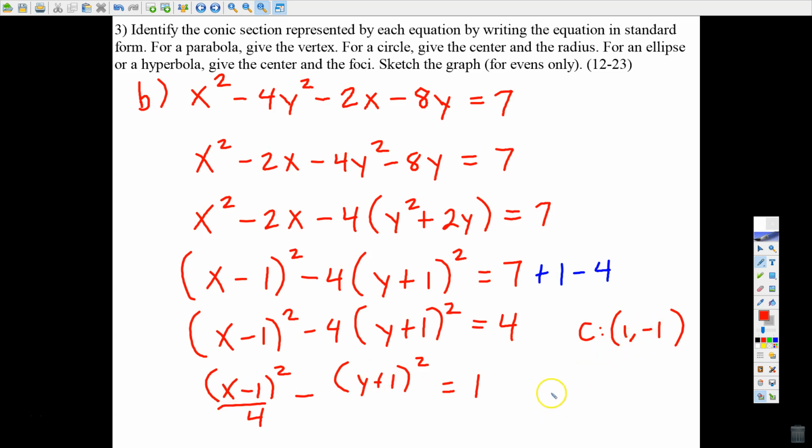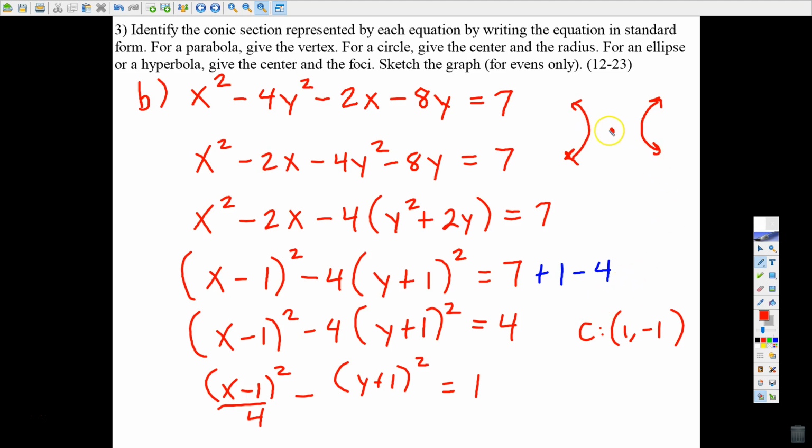All right, and so to tell what the focal points are going to be, we have to understand how the two parabolas open. Since x is in the lead, then we're going to have two parabolas that open this way, left and right, from this center, 1, -1.